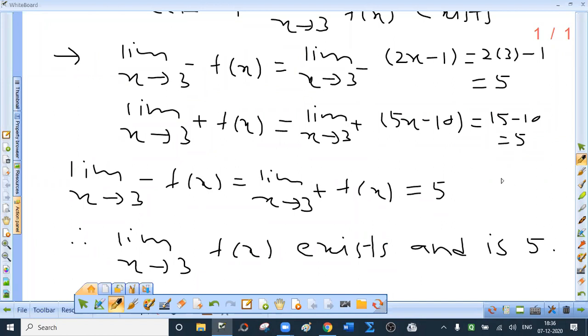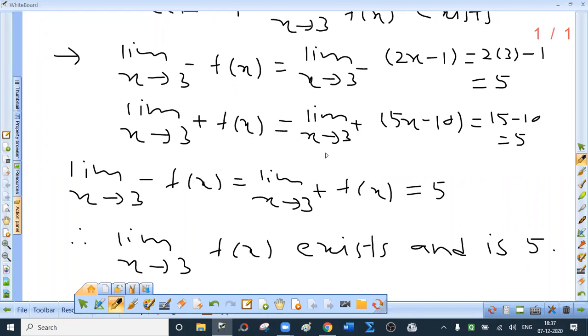Okay, so this is about the concept of left hand limit and right hand limit. I repeat this part again. In most cases it is not required to find left hand and right hand limits separately, but if a piecewise function is given, then you have to find them separately.